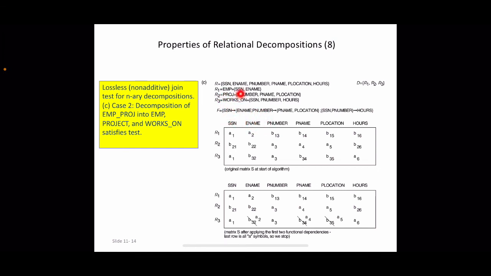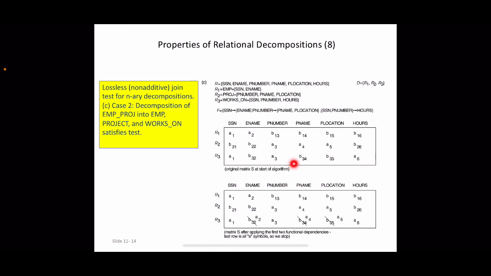It contains SSN and ename. So SSN will be A1 and ename will be, where is ename? Ename is A2, right? Like that for R2 we have P number, P name and P location. So corresponding values will be changed as A's, A3, A4 and A5. Like that for R3 also we have to change the corresponding column values. So this will be the initial values for the matrix.